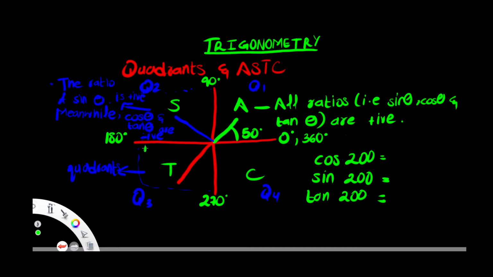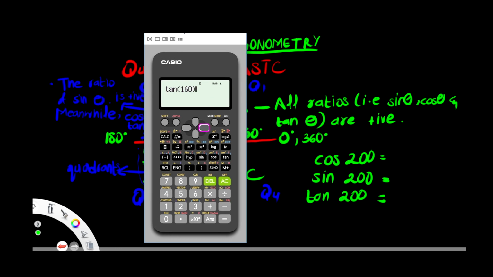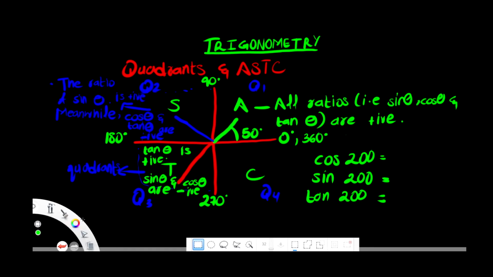So tan theta is positive while sine and cos are not. Sine theta and cos theta are negative. This is my claim, so let's confirm it. Going back to the calculator, let's try tan 200, and yes, it gives us a positive value. But sine 200 gives us a negative value, and similarly, cos 200 must also give us a negative value, and it does. Therefore, we have once again confirmed our claim.